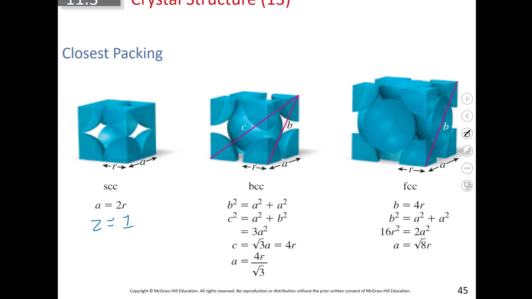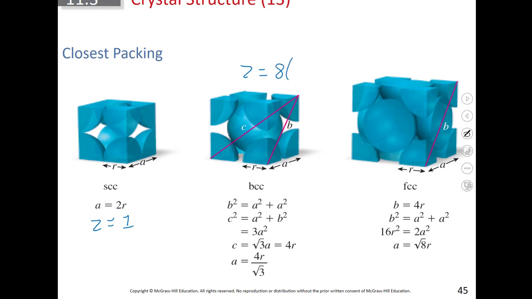Here's our body-centered cell. So the body-centered cell here, we've still got those 8 lattice point atoms, but we also have 1 in the center. What would Z be for a body-centered? What would its mass be? All right, so I have 8 corners.